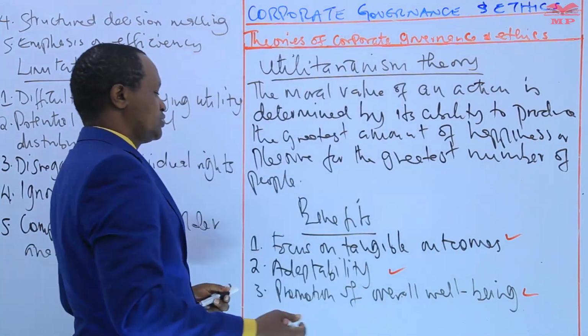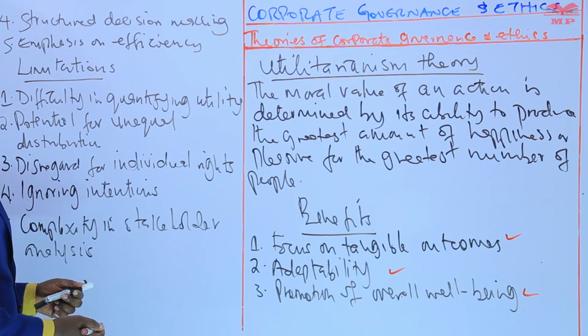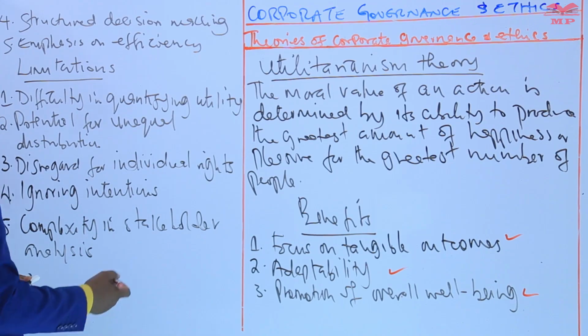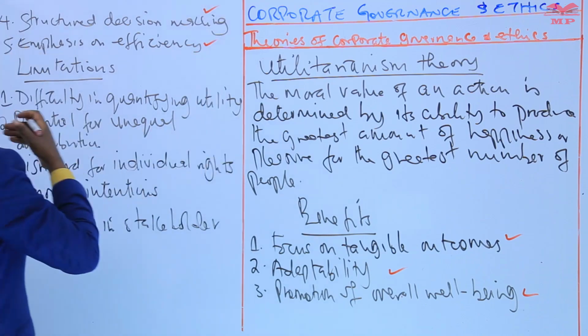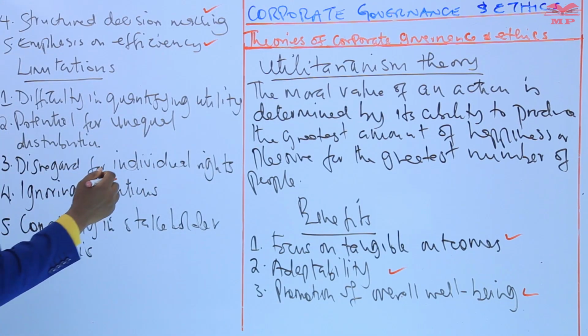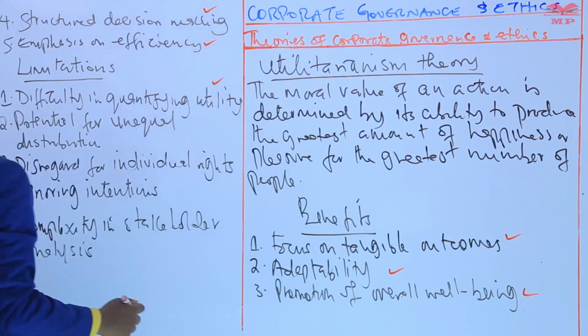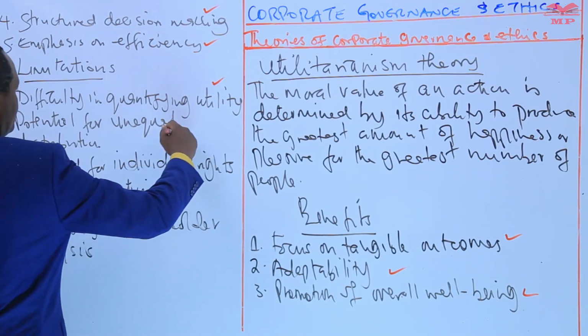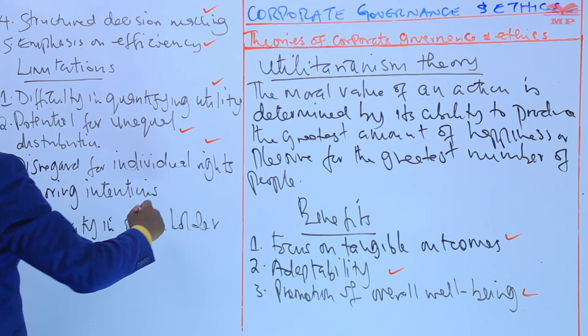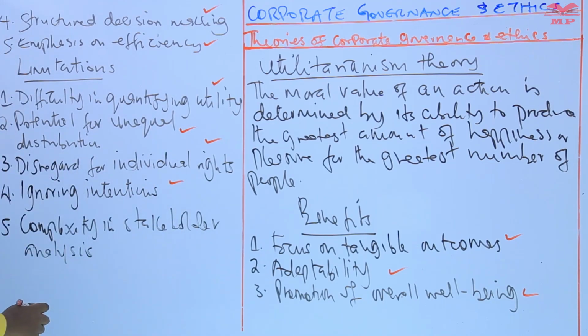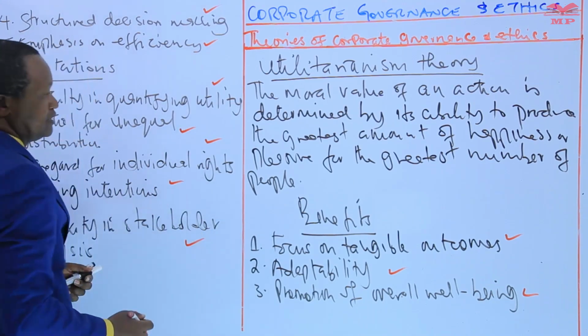This theory promotes overall well-being of all the stakeholders, structured decision-making, and emphasis on efficiency. There are also limitations. Number one, difficulty in quantifying utility. There is potential for unequal distribution, disregard for individual rights, ignoring intentions, and complexity in stakeholder analysis.